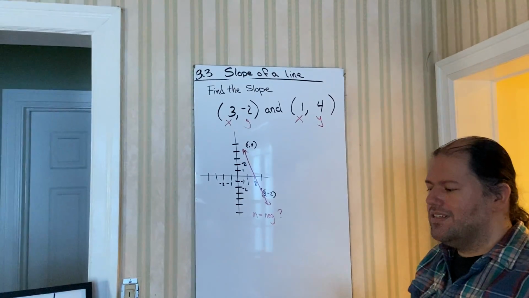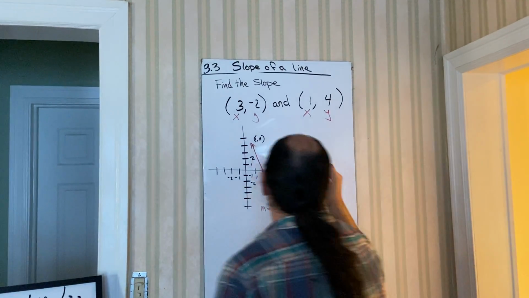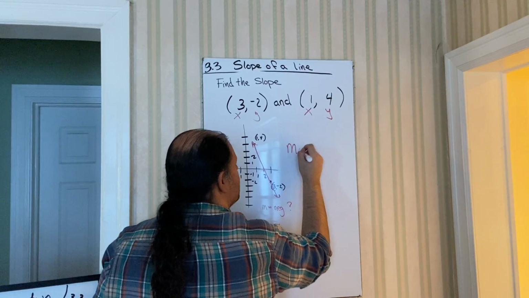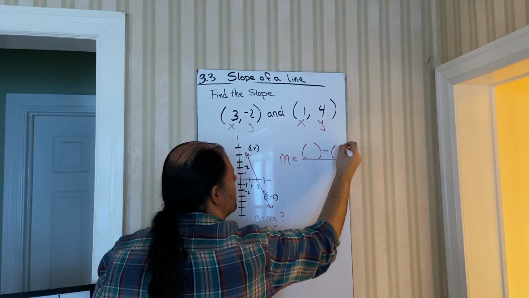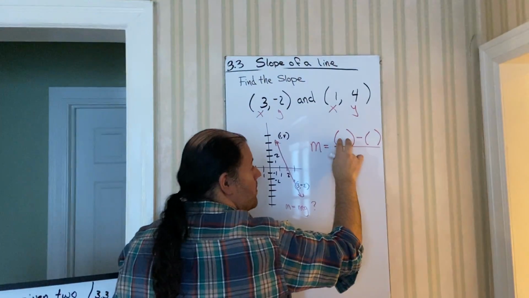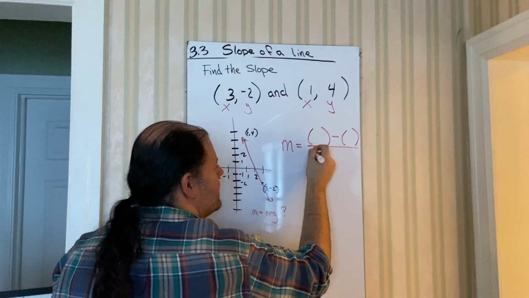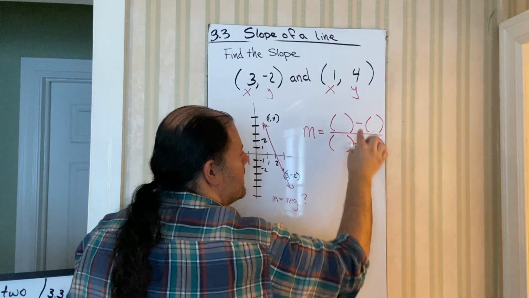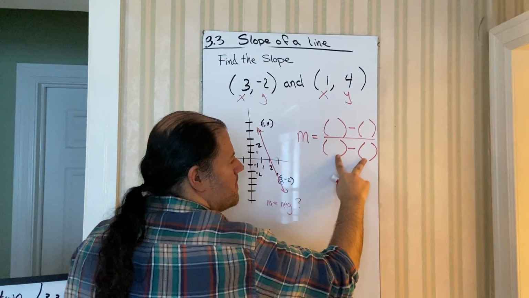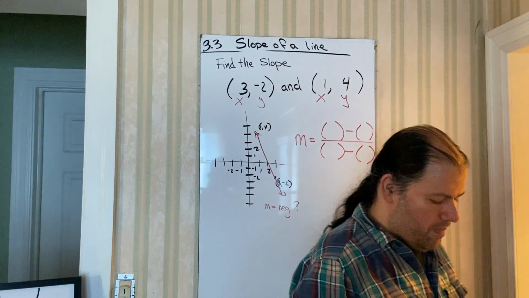So for me, I'm going to use the bare bones formula. I'm just going to say, I know that I'm going to have to subtract 2 numbers on top. So I write out the formula, parentheses minus parentheses, parentheses minus parentheses. And remember, y's go on top, x's go on the bottom.